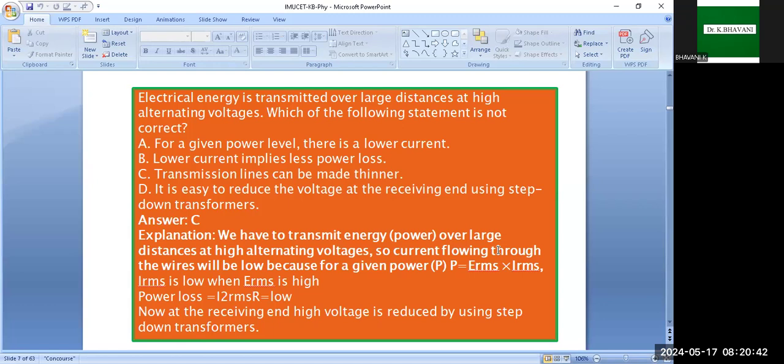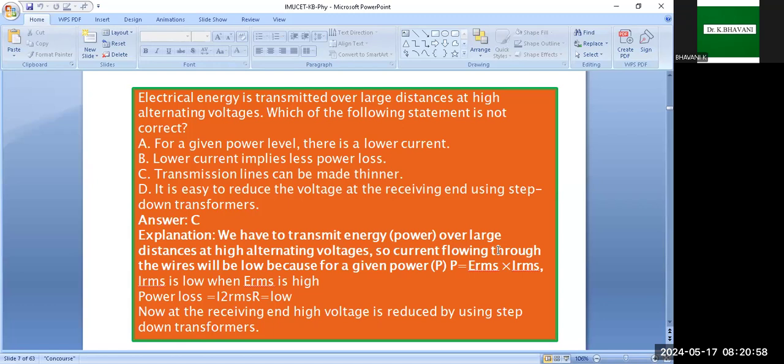For this, you have to understand the total concept of electrical energy transmitted over long distances. Here the wrong answer is that transmission lines can be made thinner.